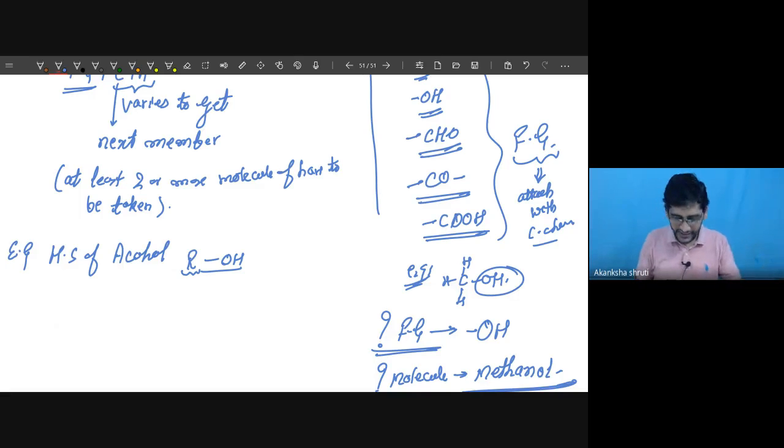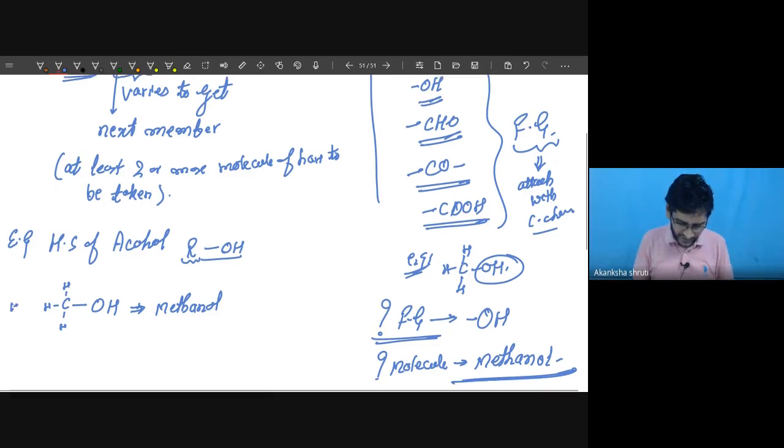What could be the smallest one? The smallest carbon and hydrogen atom or carbon chain satisfied with hydrogen that can be attached with OH is this one. What is this? This is our methanol. Understand? It is the first one.